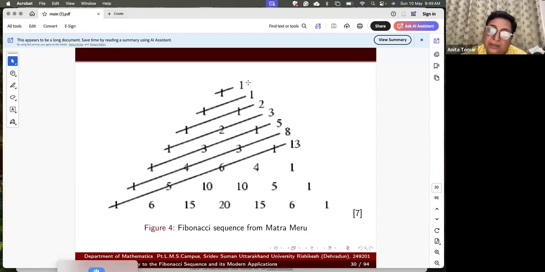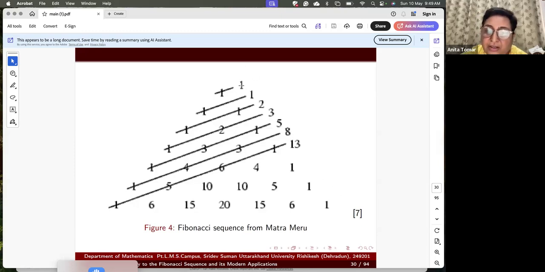If we add them diagonally, this is 1, again this is 1, 1 and 1, 2, 2 and 1, 3, 3 and 1 and 1, 5, 4 and 3 and 1, 8, 1 and 5 and 6 and 1, 13. So if we add these terms diagonally, what do we get? 1, 1, 2, 3, 5, 8 and 13 and so on.